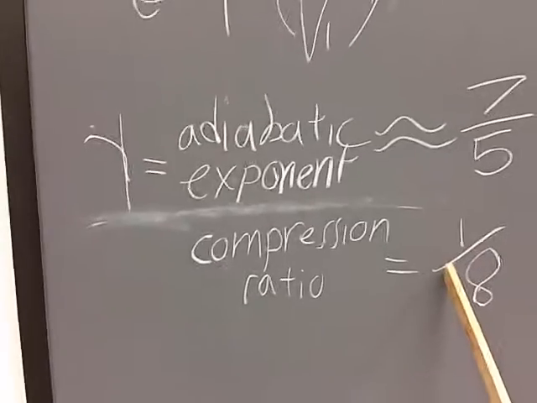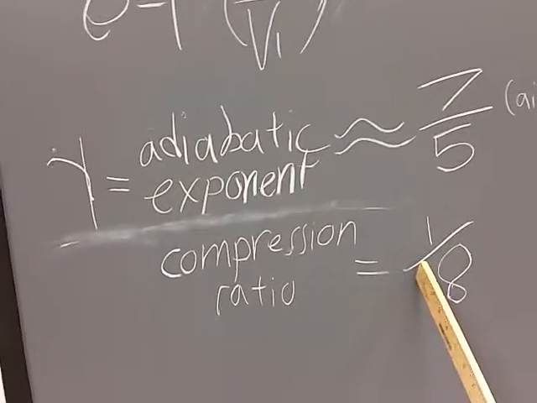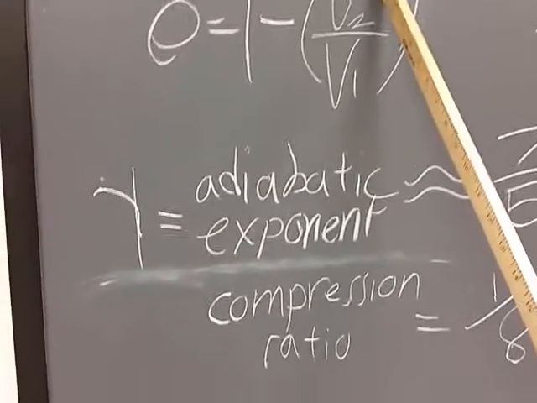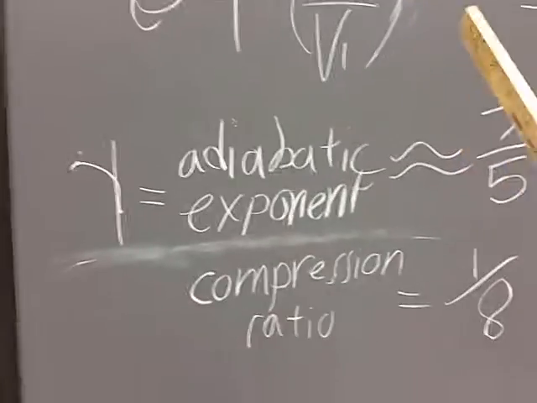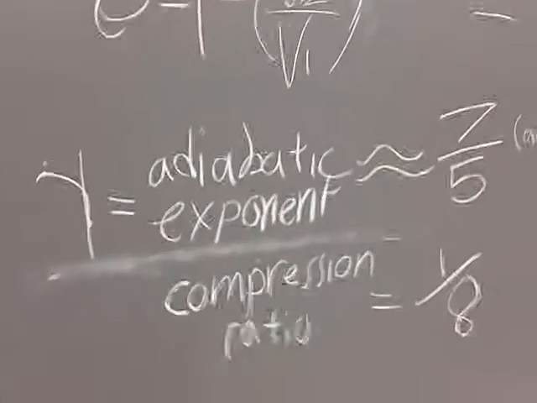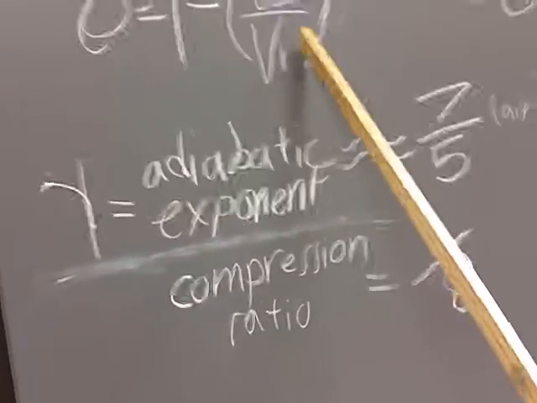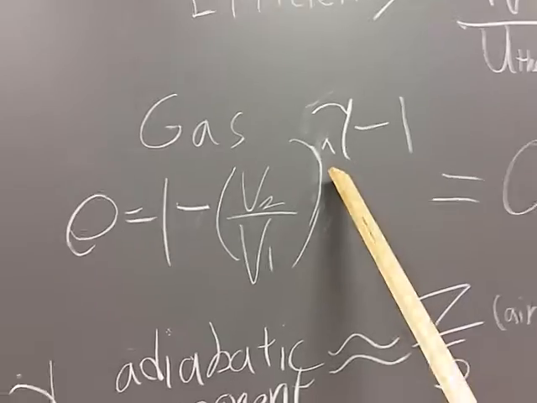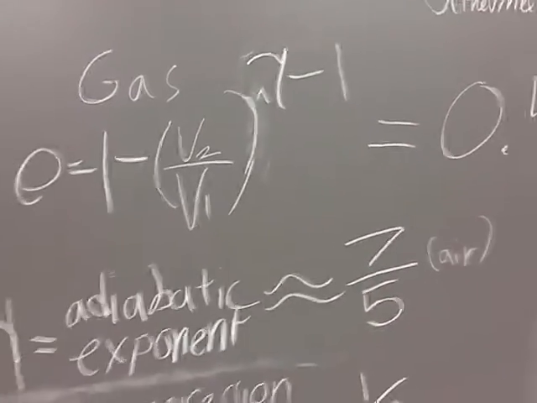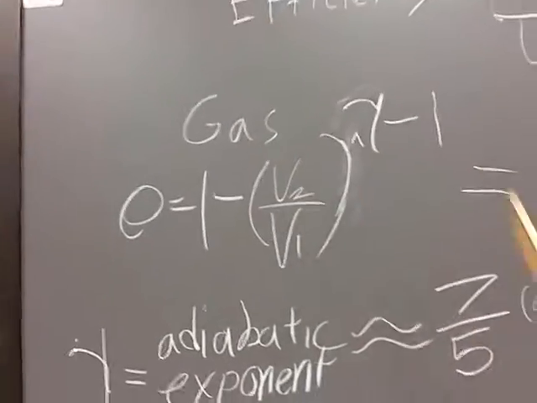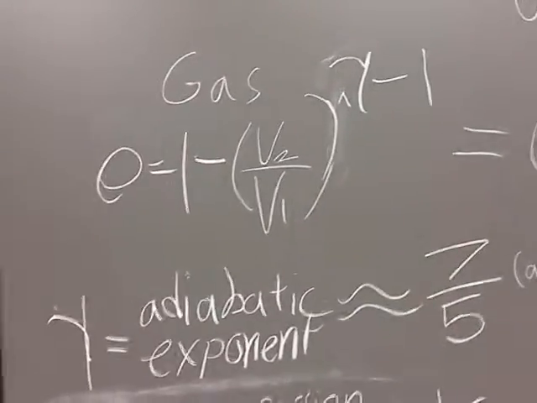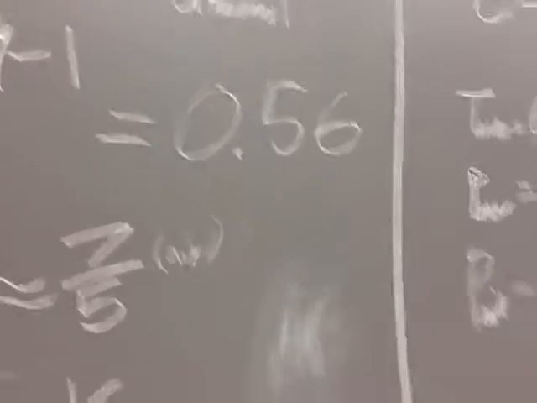For a typical engine, the compression ratio is about 1/8, so that means that when the piston is all the way compressed, it's about 1/8 the volume of when it's all the way expanded, exponentiated by the adiabatic exponent, which is explained in section 1.5. So if you plug these numbers in, you get 0.56, which is reasonable. I think that's it. Thank you.